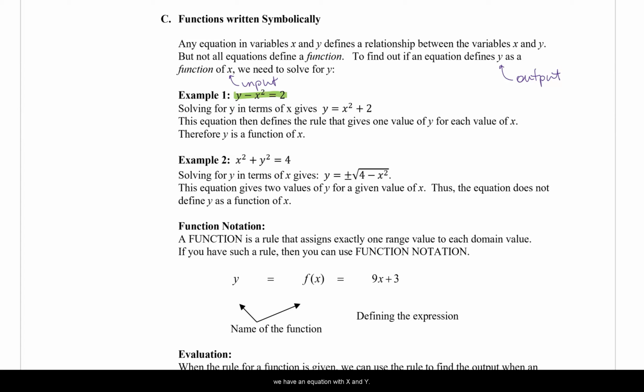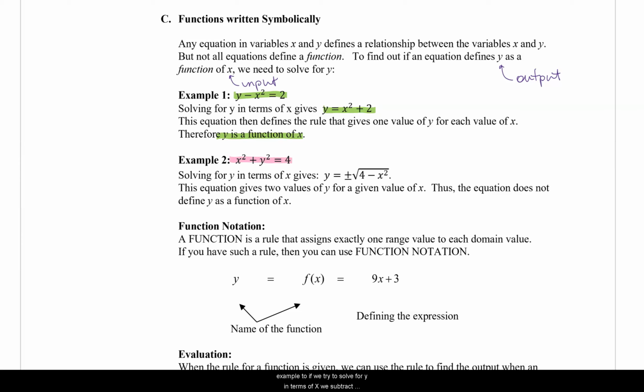We have an equation with x and y in it. To determine if it is a function, we solve for y, so we add x squared to both sides, and we get y equals x squared plus 2. Because we have one y value for every value of x, we can pick a value of x, plug it in, and it determines a y value. One y value. We have a situation where y is a function of x.